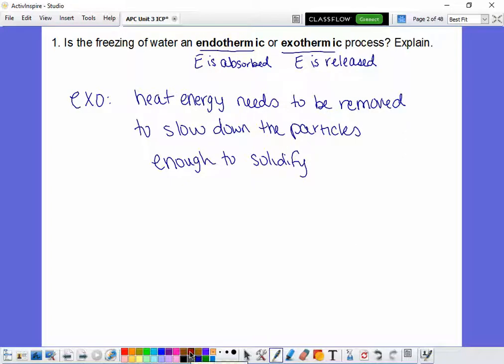Okay. A lot of this unit, in terms of the conceptual part of it, is identifying what's your system and what's your surroundings, okay? And what's happening with energy with your system. Is energy going into your system? Is it coming out? What is it doing? Okay, that's a lot of the conceptual part of this unit. And the math part of this isn't actually that difficult.